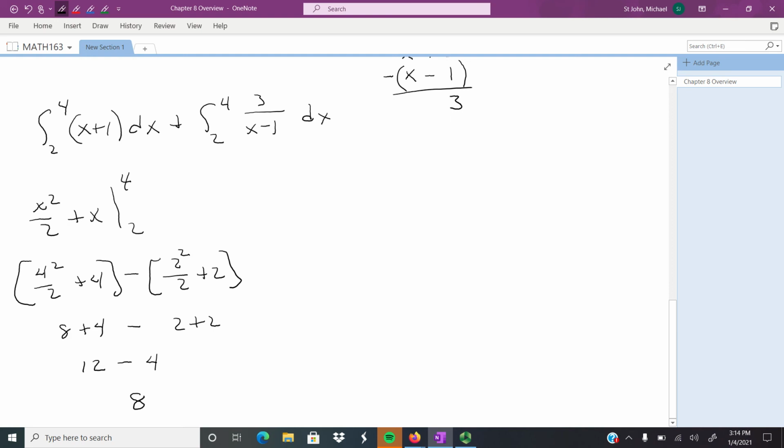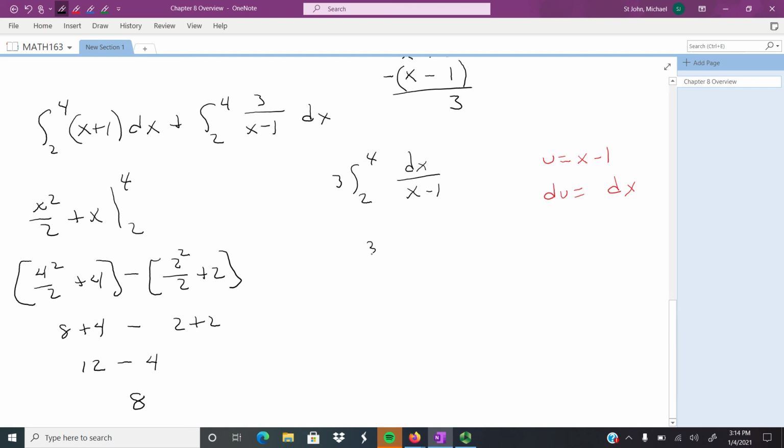And now let's go to the back part of this. Here, this can be the integral from 2 to 4, bringing the 3 out front, of dx over (x minus 1). Well, u is going to equal x minus 1, and du is just going to be dx.